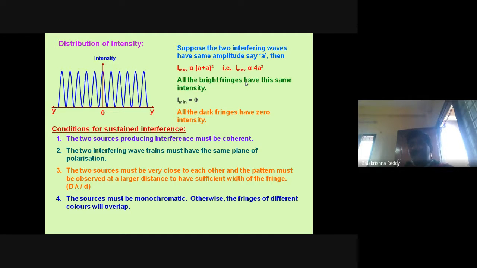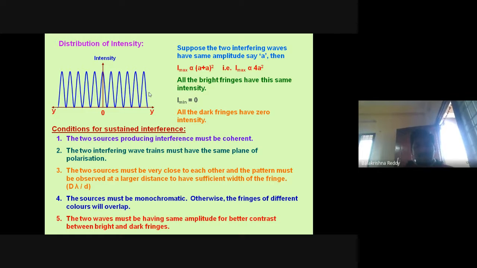If you use one color, you can easily obtain proper output on the screen. The other way around, if you use white light, you'll find all different colored bands on the screen.